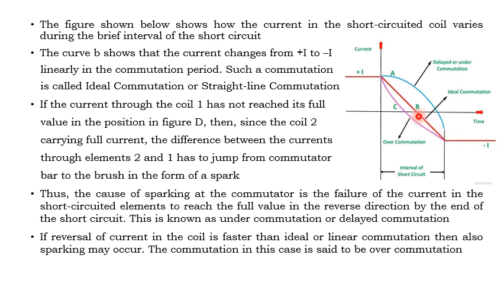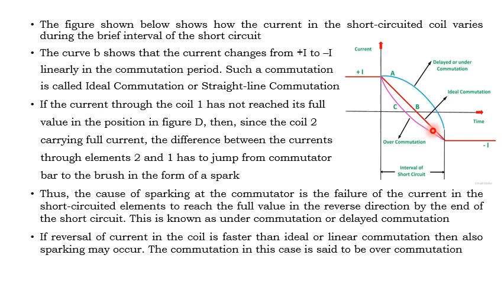You can observe here that there will be a time delay, so this type of commutation is called delayed commutation or under commutation. If the reversal of current in the coil is faster than ideal or linear commutation, then also sparking may take place.